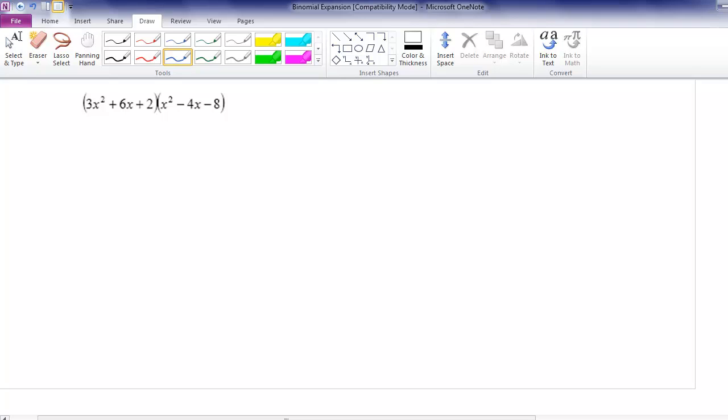Now, one of the things I want to say right off the bat is you cannot FOIL this out. That word FOIL only works for binomial times binomial. So if you were going to do this algebraically, what you would have is 3x squared plus 6x plus 2 times x squared minus 4x minus 8.